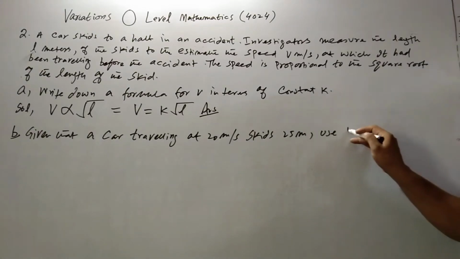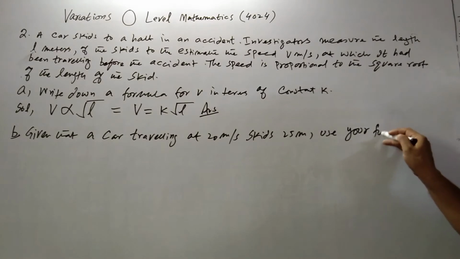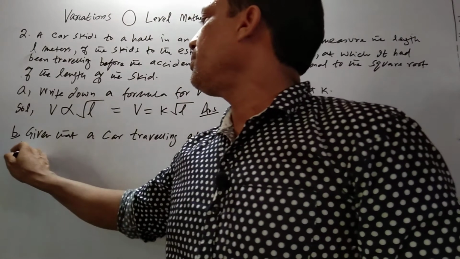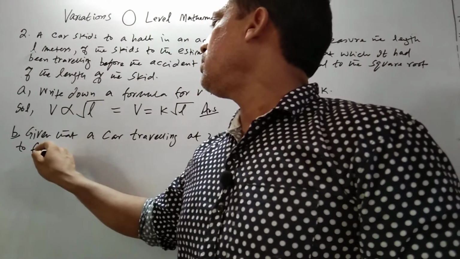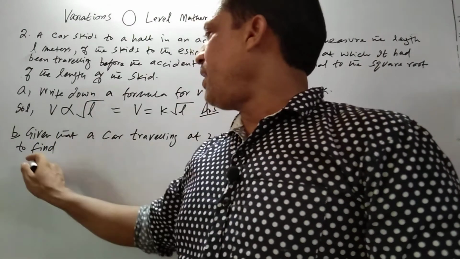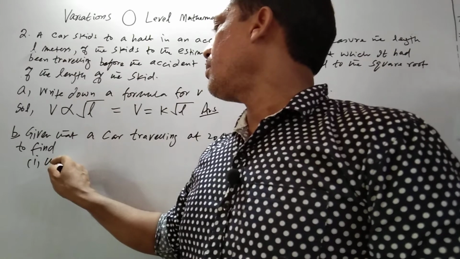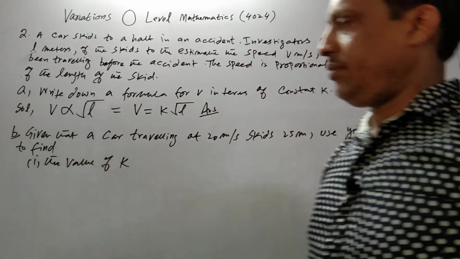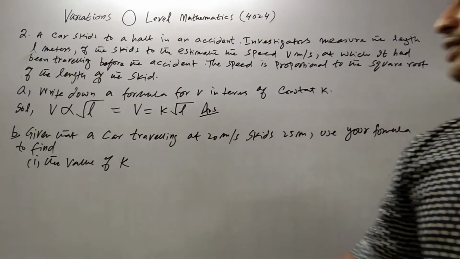Use your formula, V equals K square root L, to find part 1, the value of K. Very easy solution.